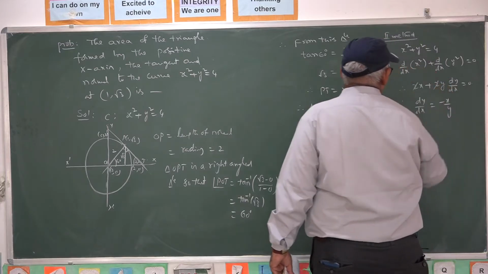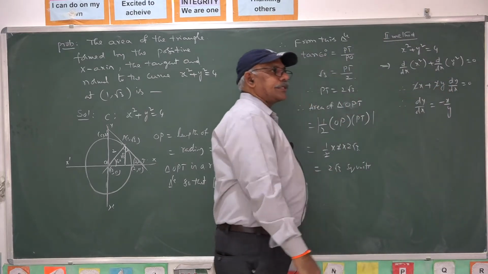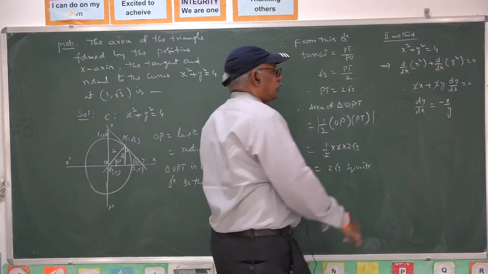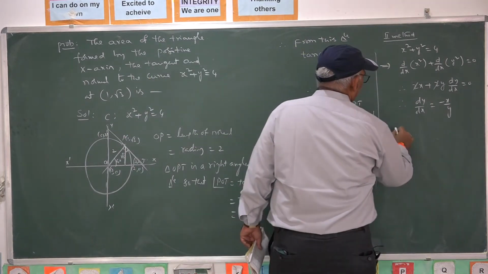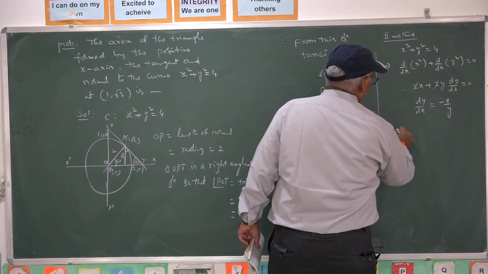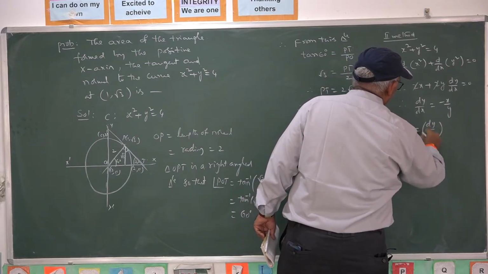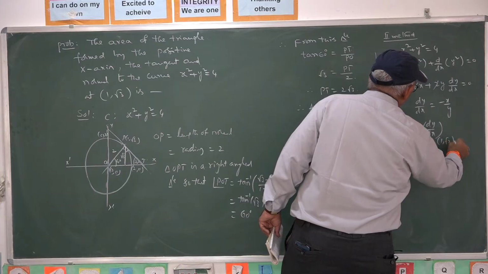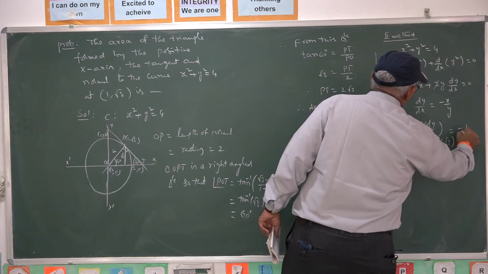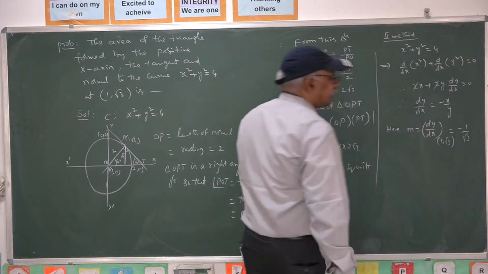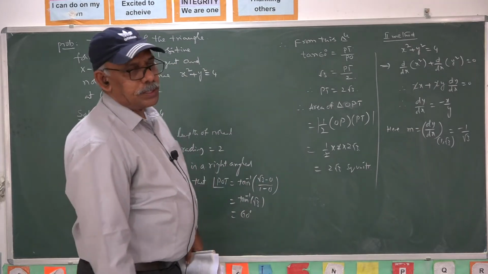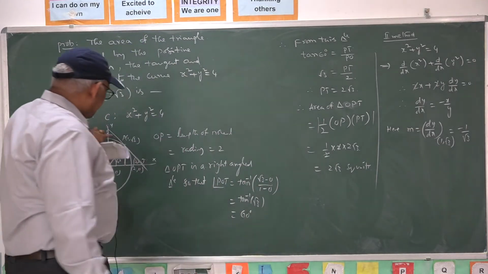You can remove 2. Dy by dx at the point 1 comma root 3: here m, the slope of the tangent, is minus 1 by root 3. This is the tangent slope.